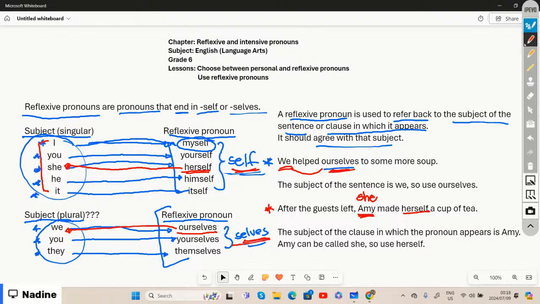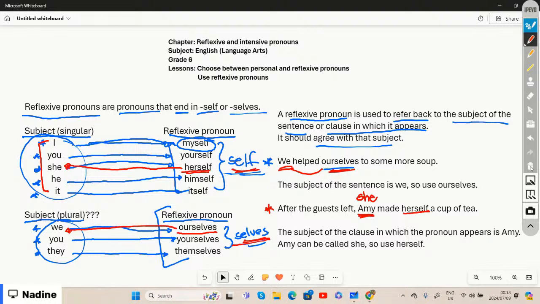You're also going to have to see how the reflexive pronoun is used within the sentence. Does it refer to one person or thing, or more than one person or thing? Once again, if it refers to one person or thing, it ends in self. And if it refers to more than one person or thing, it ends in selves.